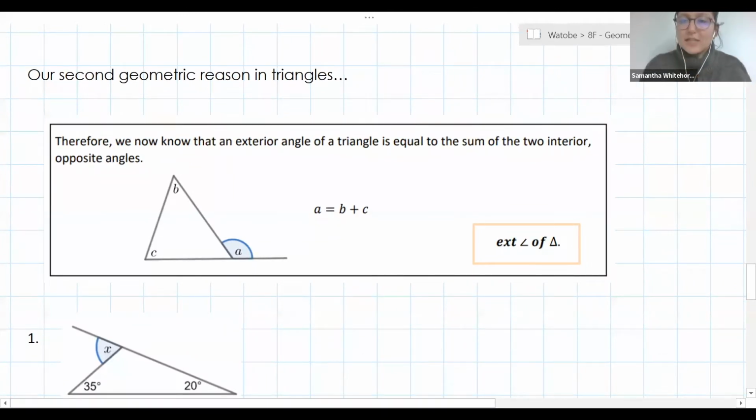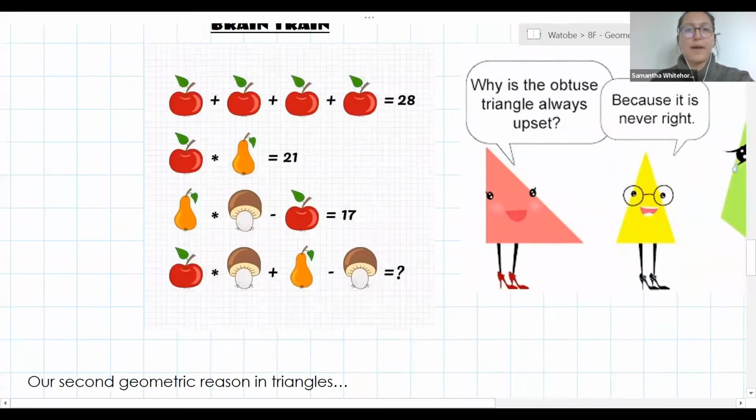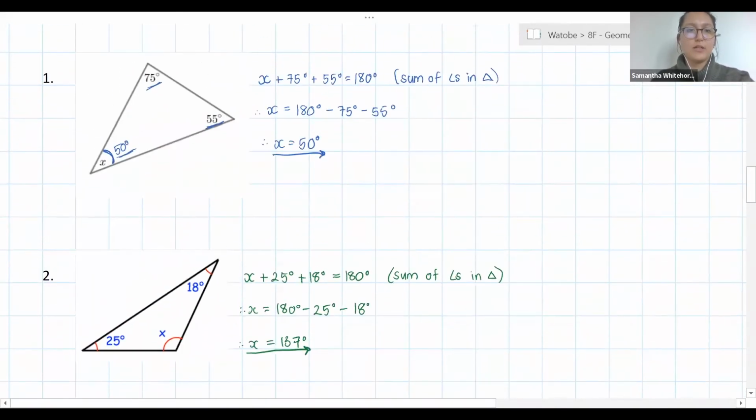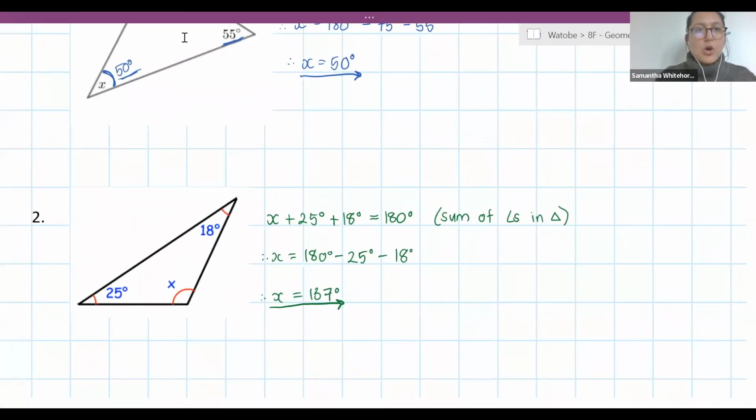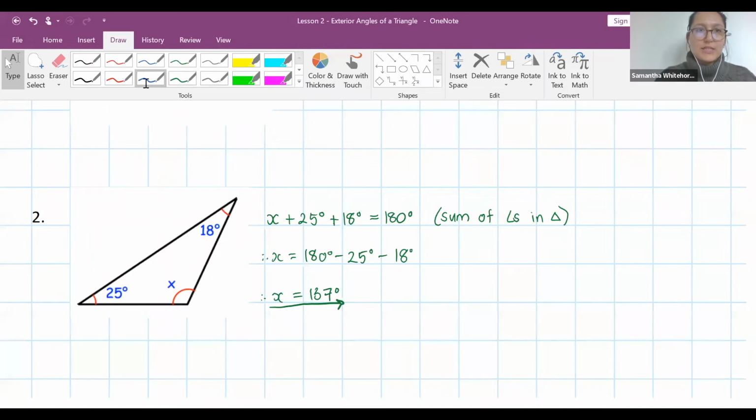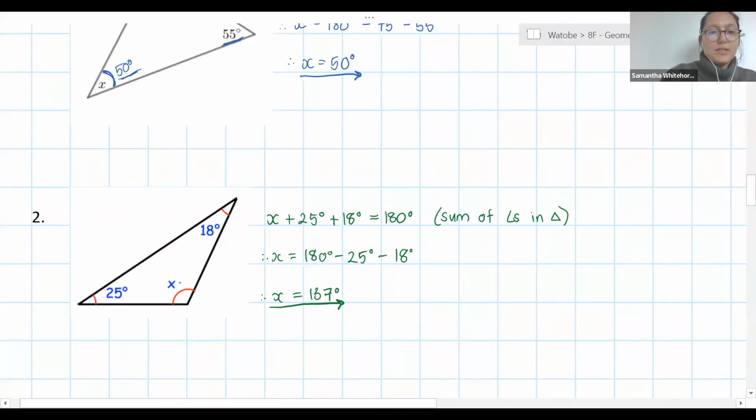So our second reason that we're going to have a look at today is exterior angles of a triangle. To explain this, I'm going to pop back up to one of the questions that we've done here. So let's just look at question 2 for a second. What we've just worked out in this question was that this was equal to 137 degrees.